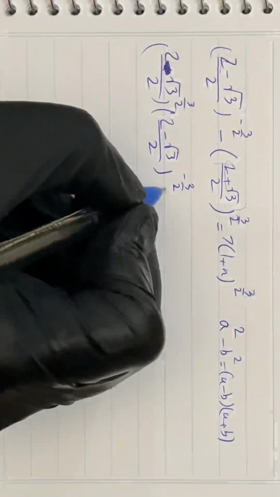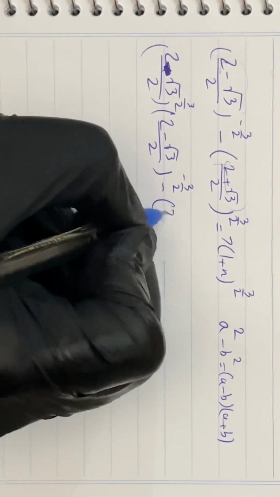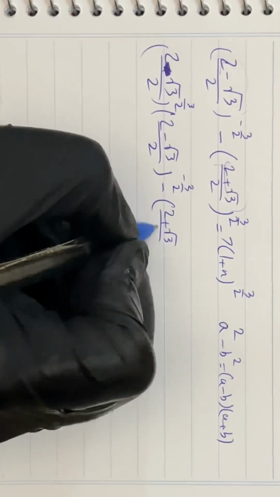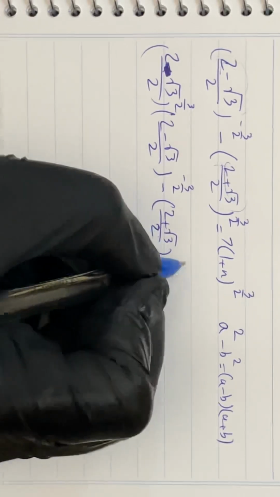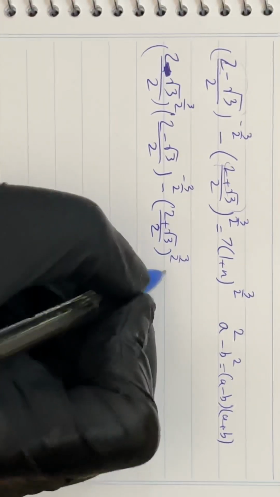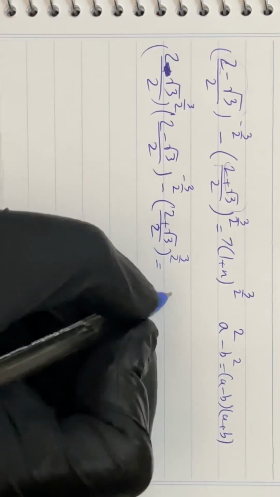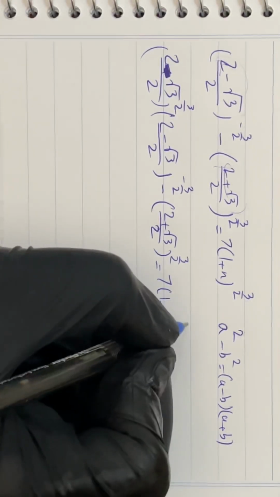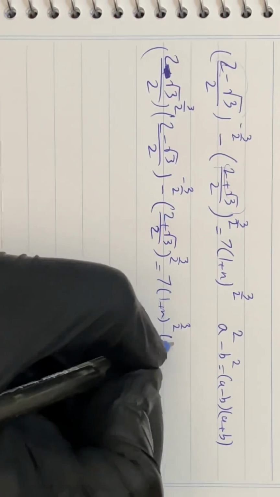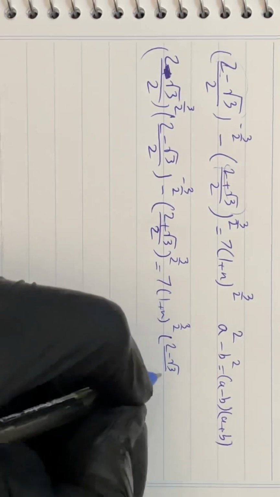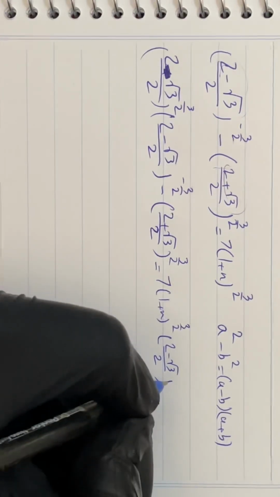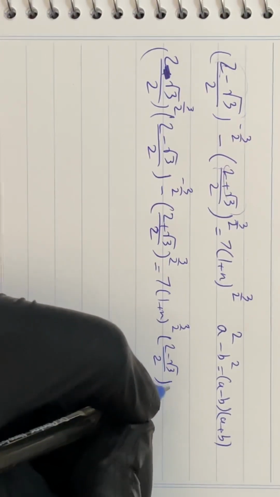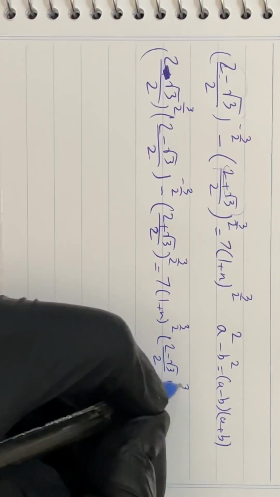So it would be this: 2 minus radical 3 over 2 to the power of 3 over 2 equals 7, 1 plus x, 3 over 2 times 2 minus radical 3 over 2 to the power of 3 over 2.